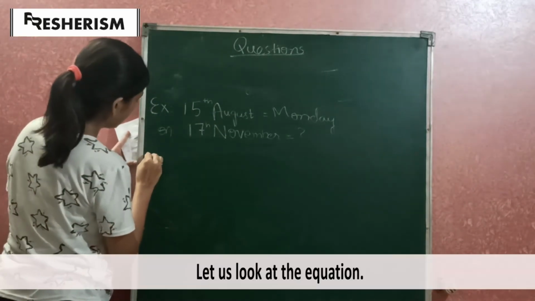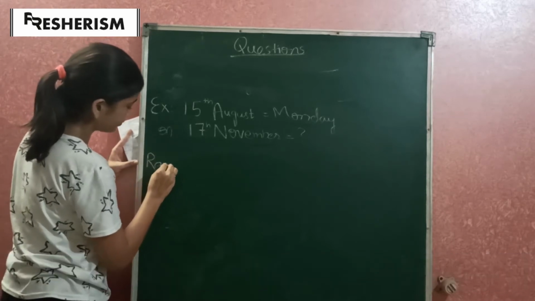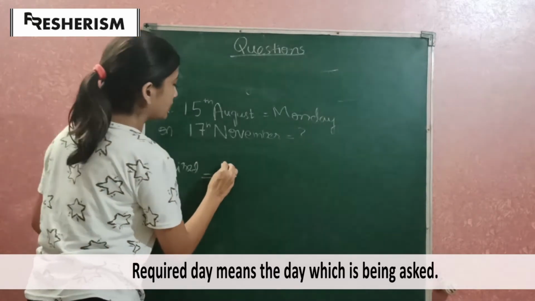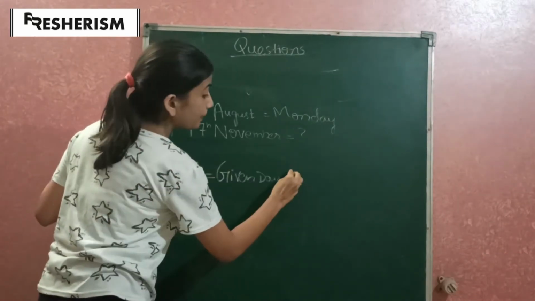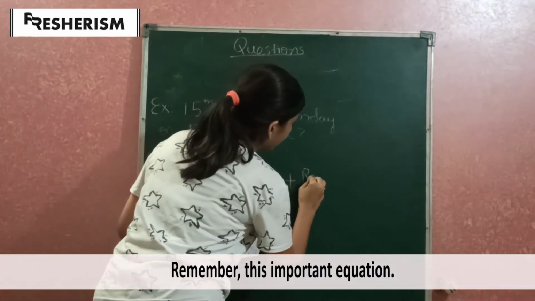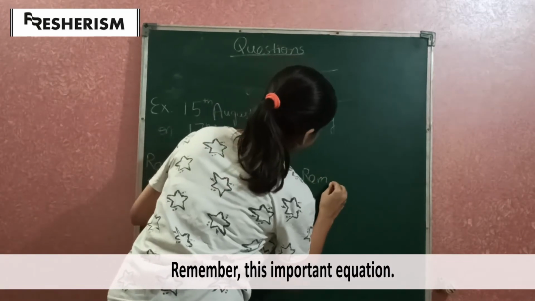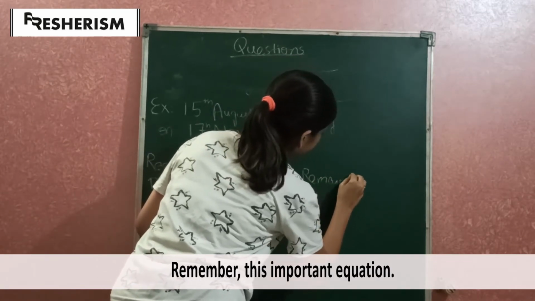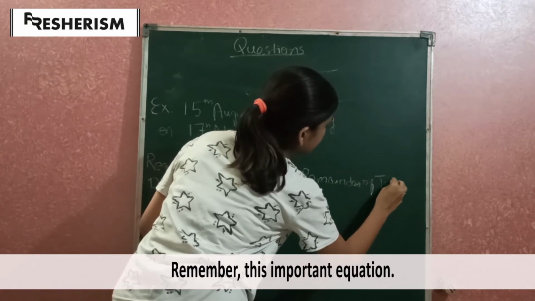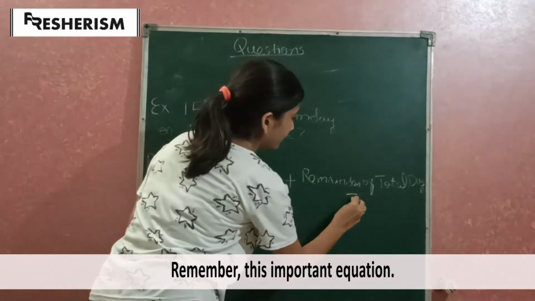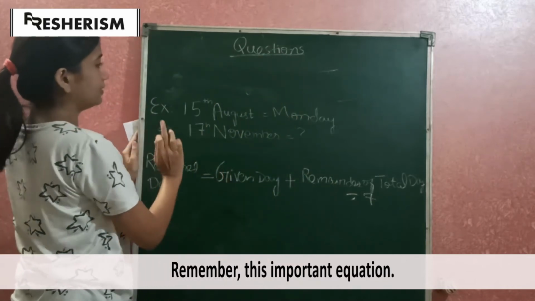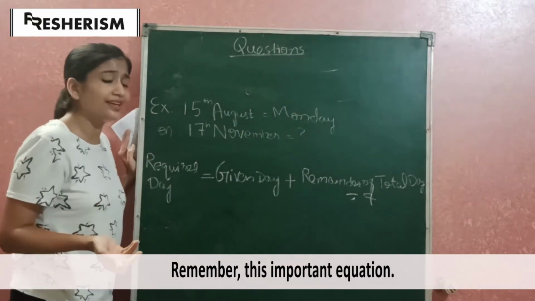The required day, meaning the day which is asked, is equal to the given day plus the remainder of total days divided by 7. Let's take another example.